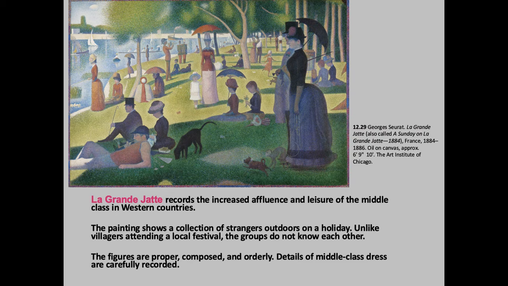This one, La Grande Jatte. When we get into the Impressionists, part of what we love about them is the celebration of leisure activity. But if you study it more closely and read up on it, this is the middle class or working class. So this has changed the imagery we're looking at in the late 19th century.